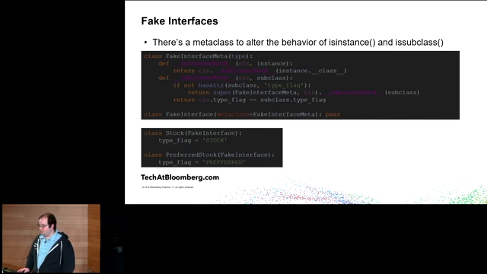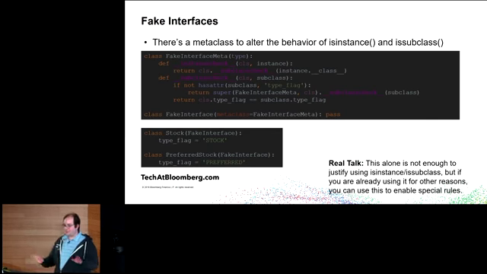And what these two are doing: instance check is just saying, well, it's an instance if the subclass check passes. And subclass check is saying, well, if there's no type flag, do things normally. However, if there's a type flag, completely ignore any question of how you would normally check instances. Just look at the type flag.